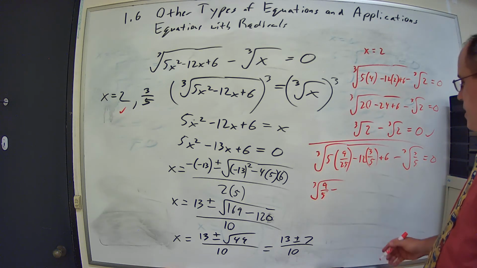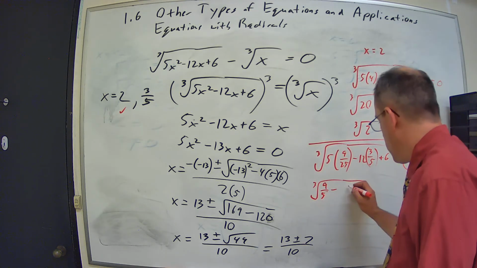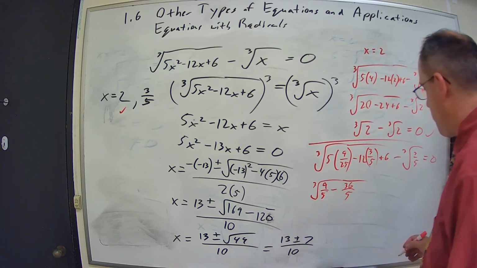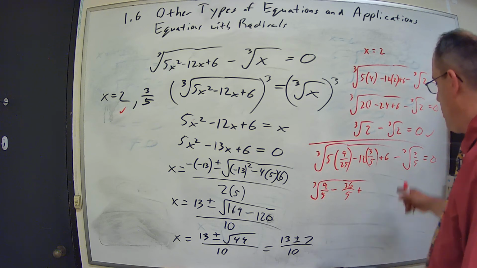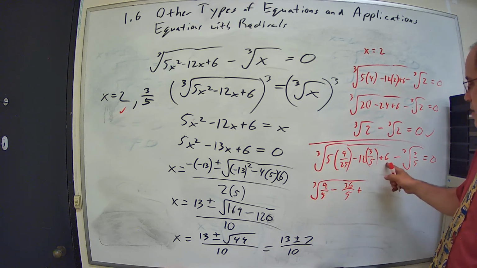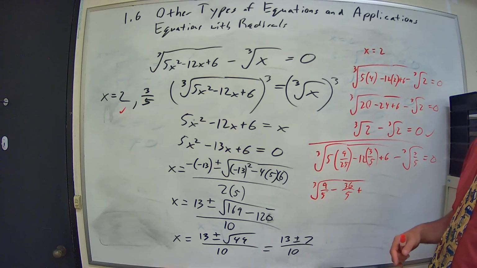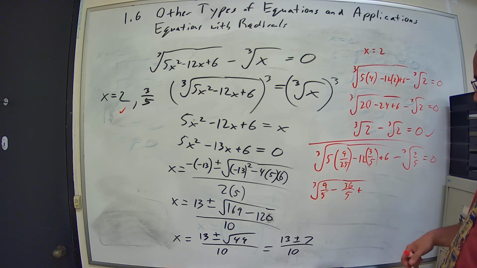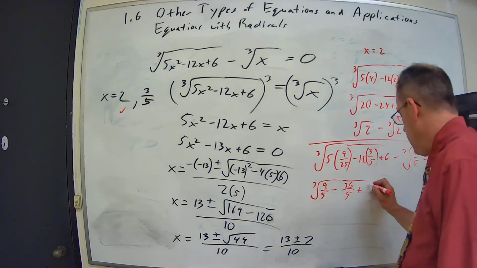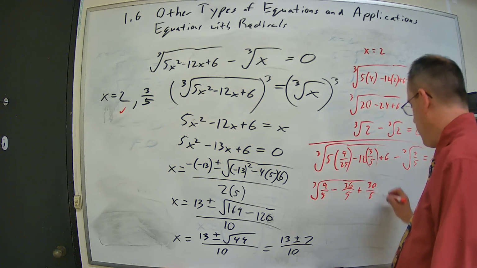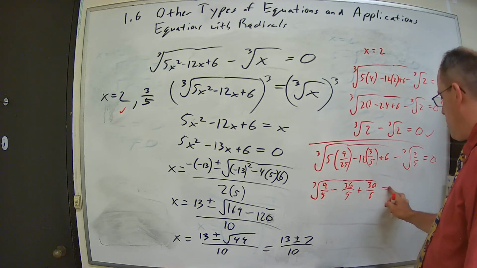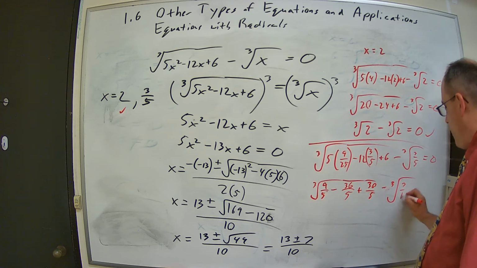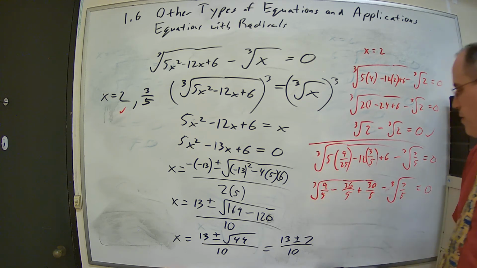So that's 36/5, plus 6. Well, if I want to put 6 over 5, that's 30 fifths. So 30 fifths minus the cubed root of 3 fifths equal to 0.